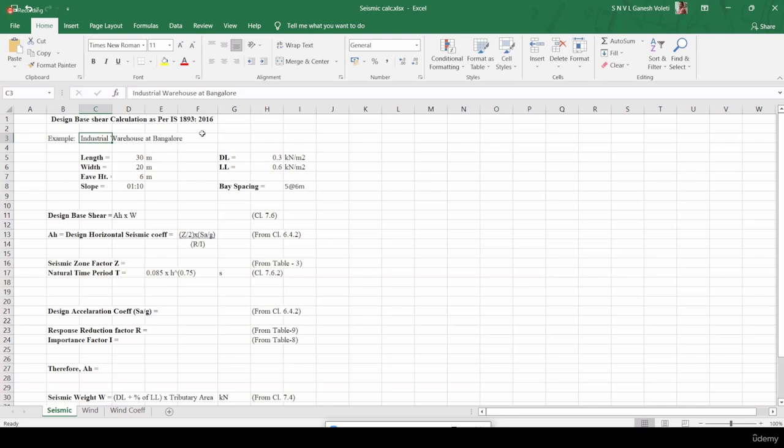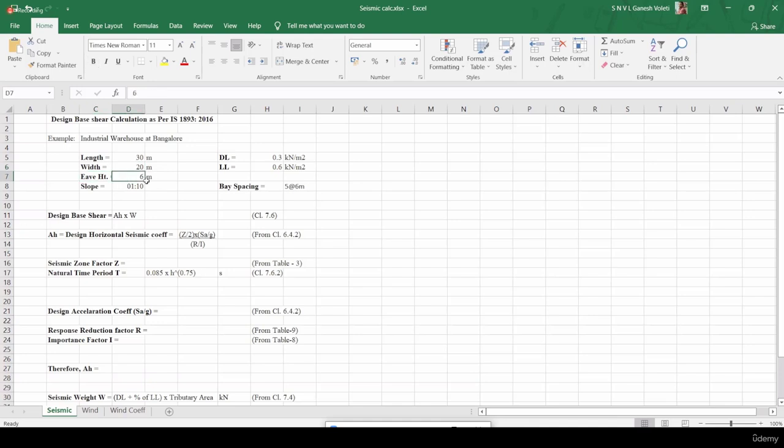Because we also require the purpose of the building here. So for example, we are designing an industrial warehouse in Bangalore city. The length of the building is 30 meters, and the width of the building, meaning the dimension along the frame line, is 20 meters.